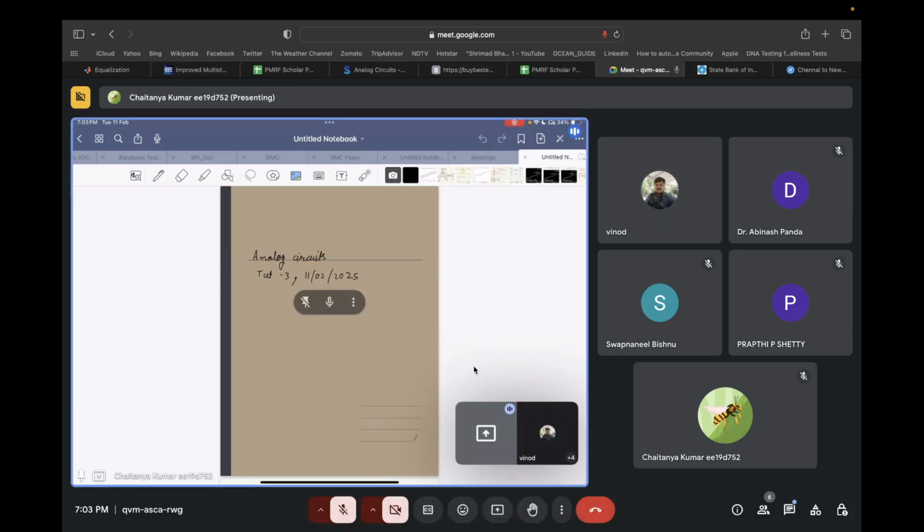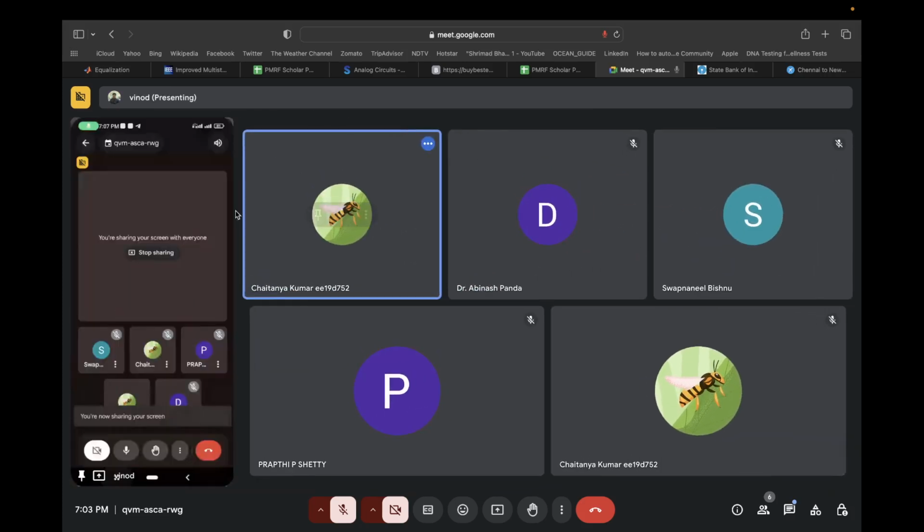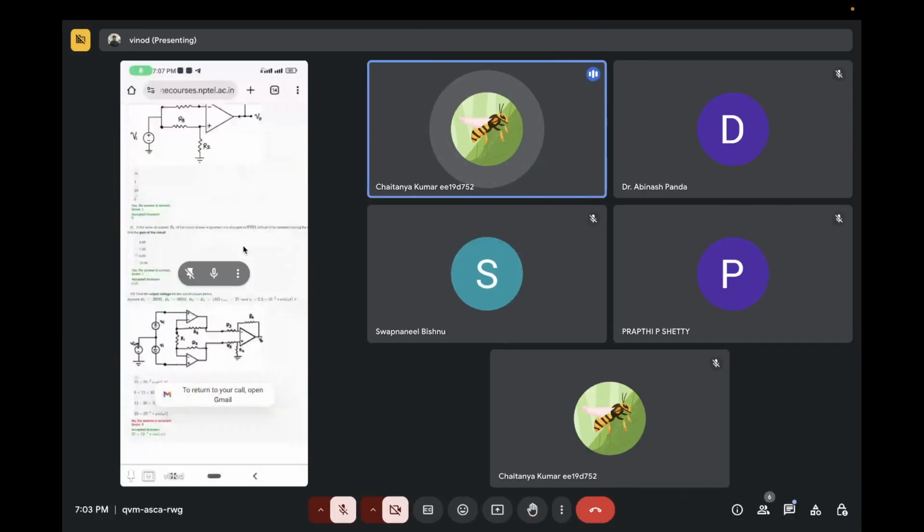So in a mobile phone also, there might be some three dots coming, right? So if you click Share screen, that share screen is there, sir. Yeah, yeah. So click on that. Okay. Yeah, your screen is visible now.